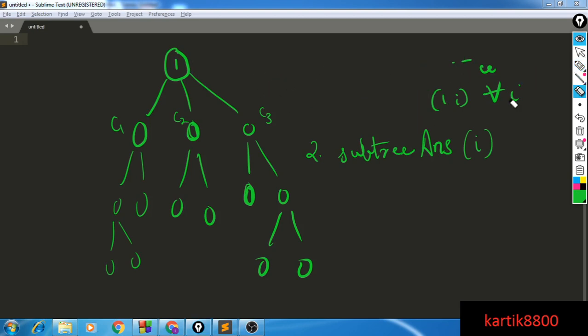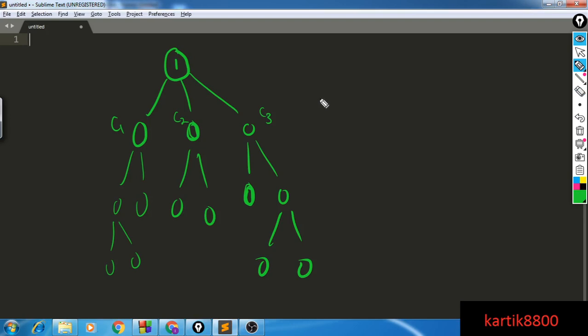Let's see how we can evaluate the subtree answers of all the nodes. I'll write SBTR answer for each node, and we will try to evaluate this particular thing.